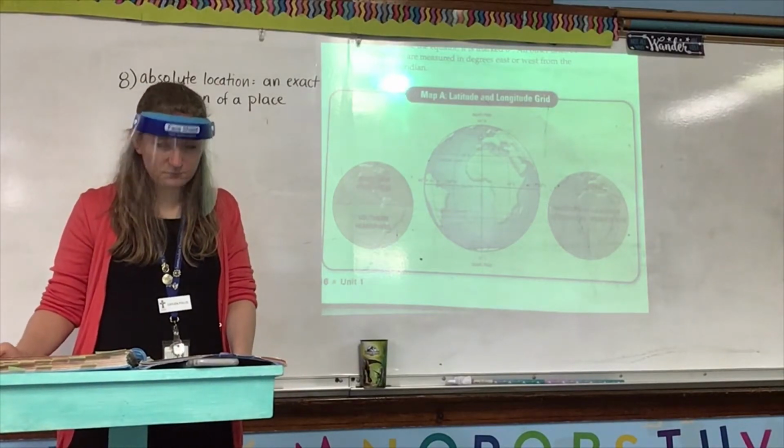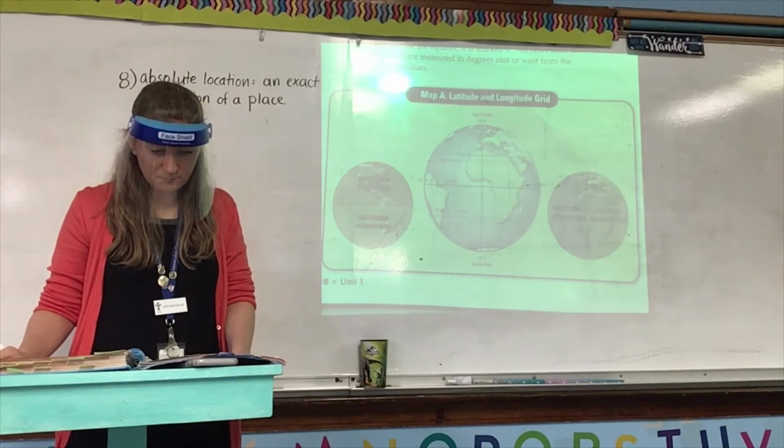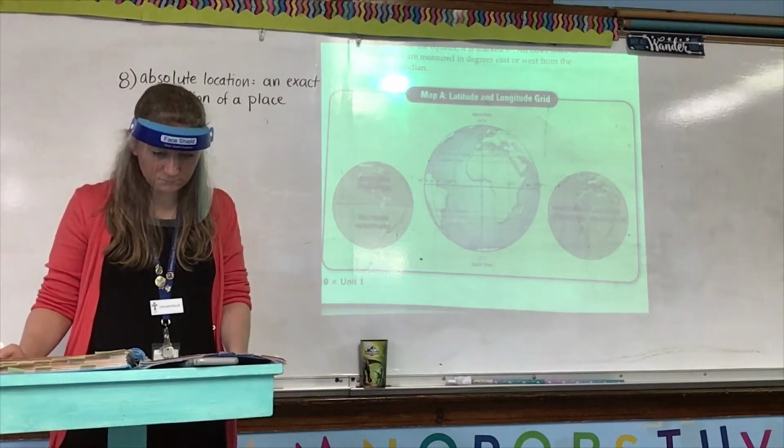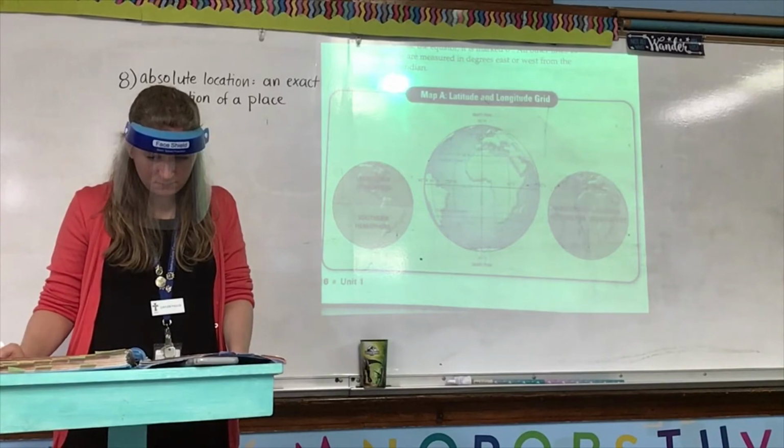We're on lines of latitude and longitude, cross. Lines of latitude and longitude cross to form a grid over a map or globe. To describe a place's absolute location, you name the line of latitude and line of longitude closest to it.